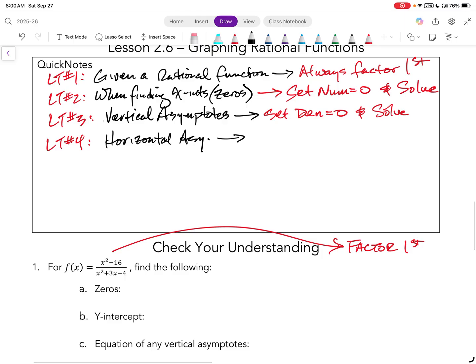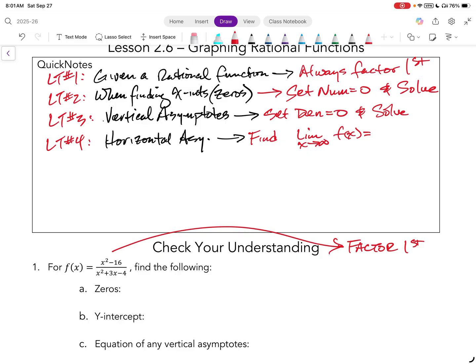So we have to evaluate the limit as x approaches infinity of the function and see if you get a number.